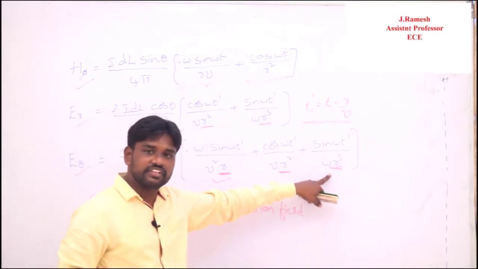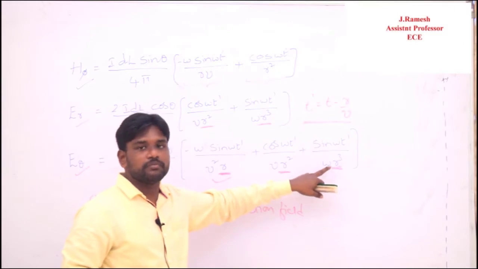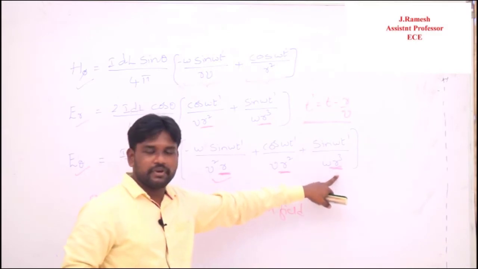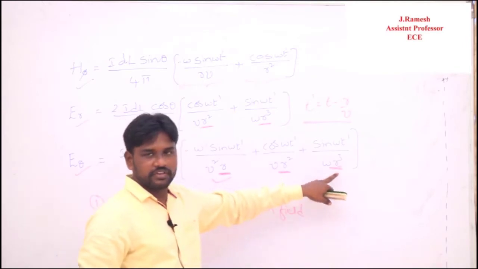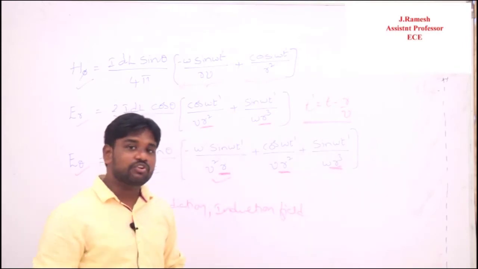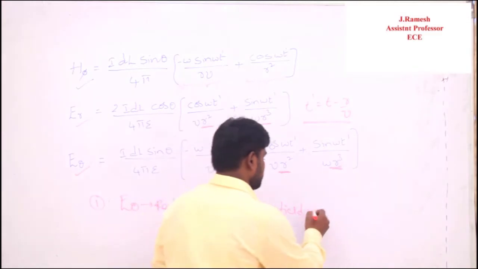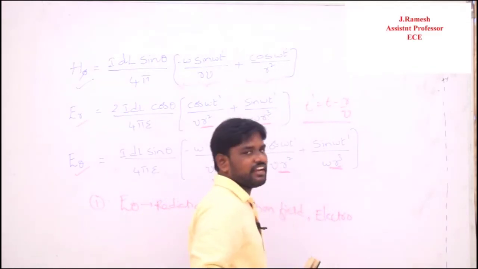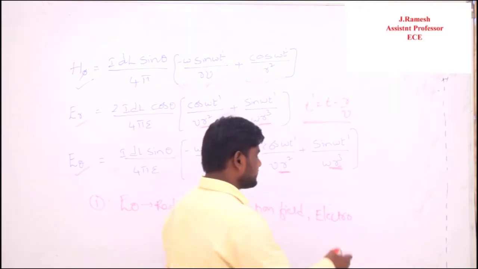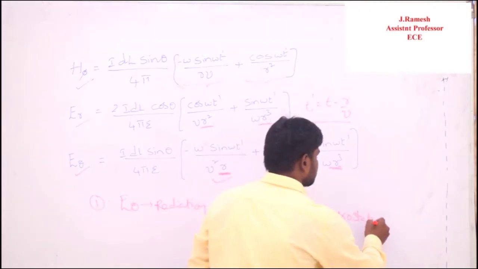That field is inversely proportional to the cube of the distance, that is the 1 by r cube term. You can name it as an electrostatic field. So that 1 by r cube term is an electric field, or you can also say that it is an electrostatic field.